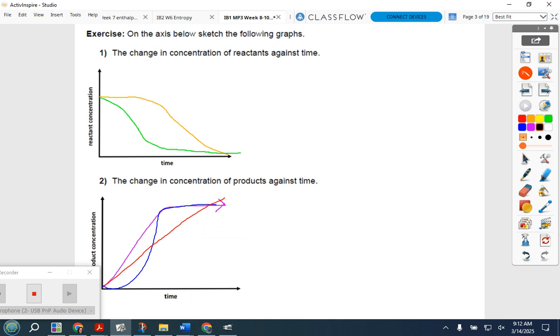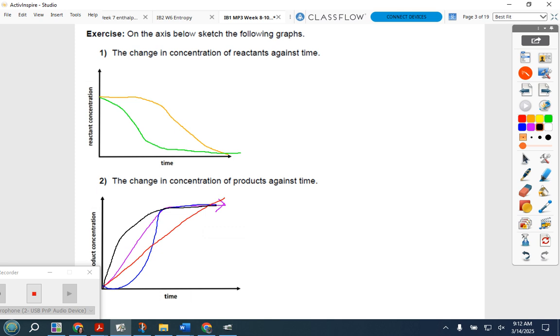So we are going to start our products at 0, because presumably we're starting with our reactants and we're making our products. And so what's actually going to happen is it's going to start off pretty quick, and then it's going to slow down over time until we reach that tail off point, that end point.